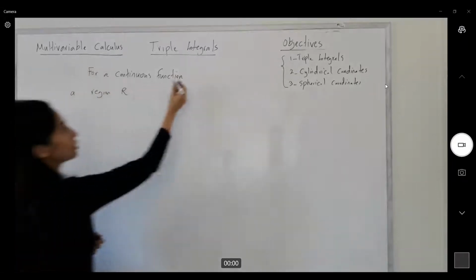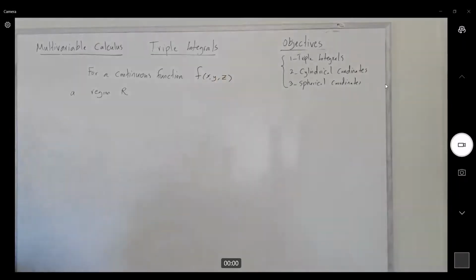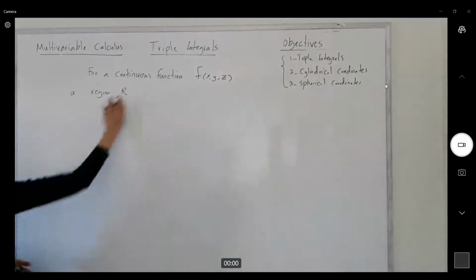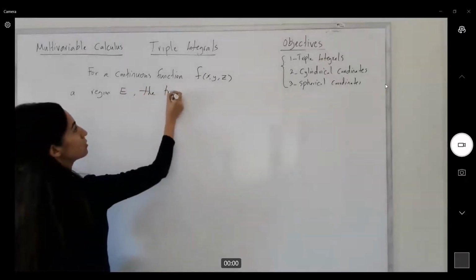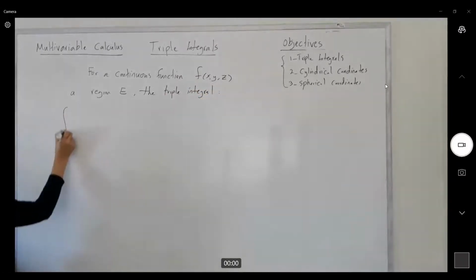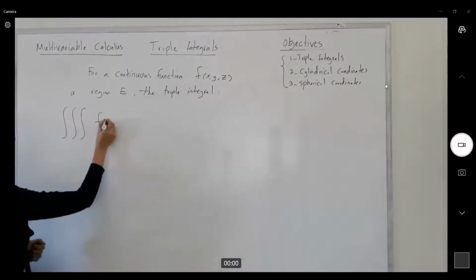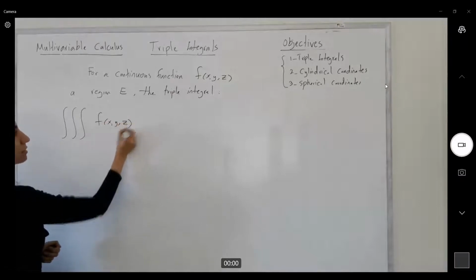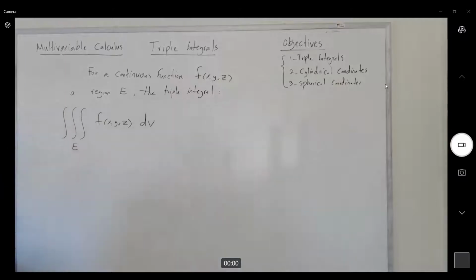For a continuous function like f of x, y, and z defined on a region, it can be either a box or just a general region like E. The triple integral can be defined this way, as iterated integrals of f of x, y, and z dv over the region.